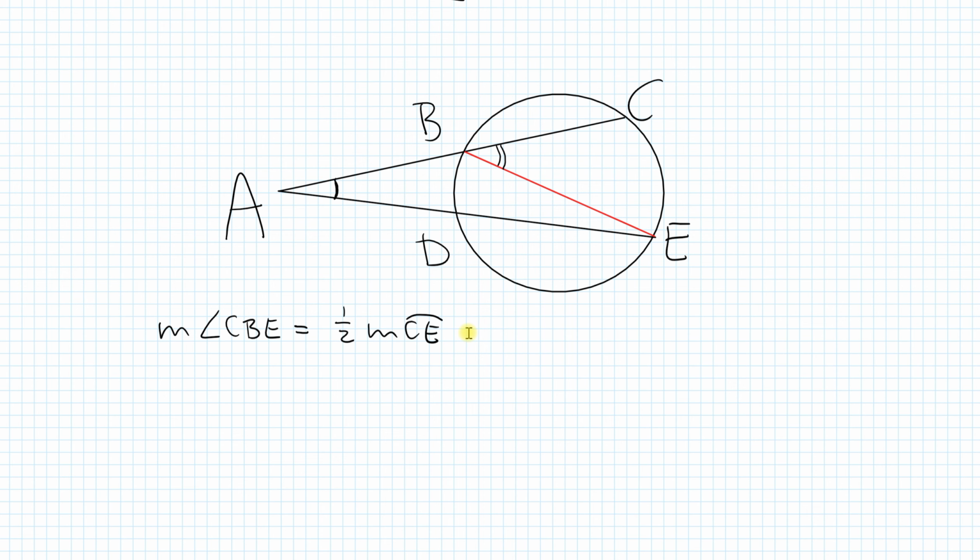Well, according to what we have learned previously, the inscribed angle created by two chords in a circle is equal to 1/2 of its intercepted arc. Okay? So that is something that we already learned.